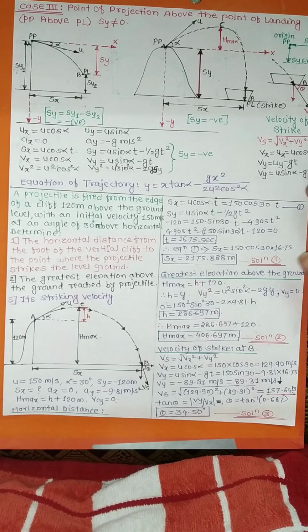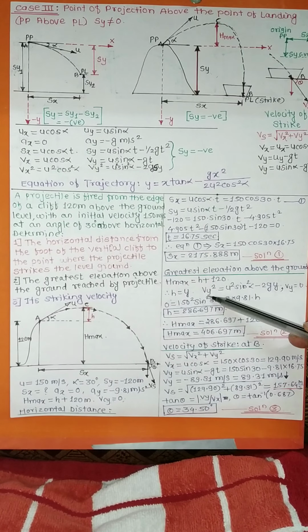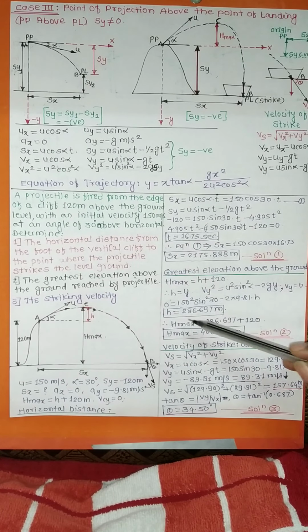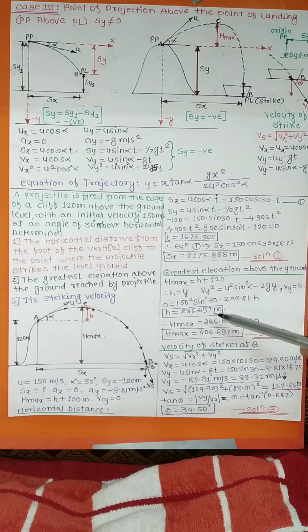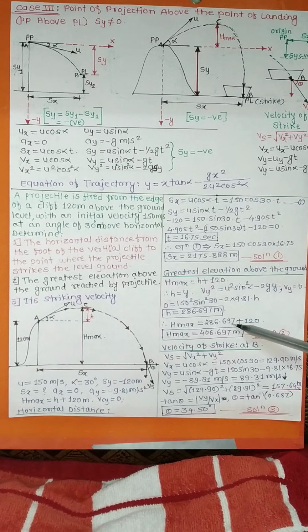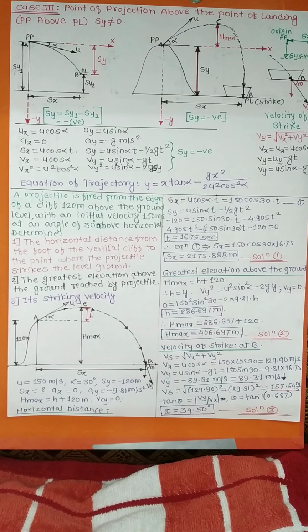Therefore, in this equation of velocity we substitute vy equals 0 and we can solve that h equals 286.697 meter. This is the h, and we have to find H max. H max equals 120 plus 286.697, so it becomes 406.697 meter. This is the solution for question number 2.